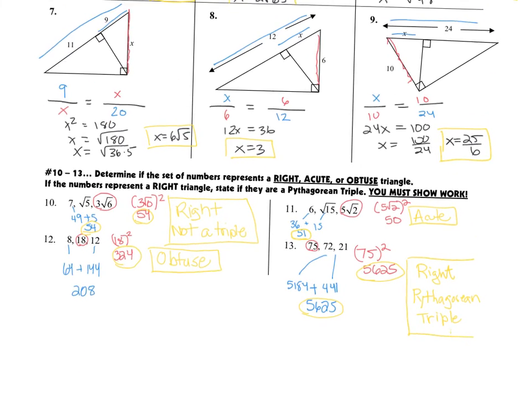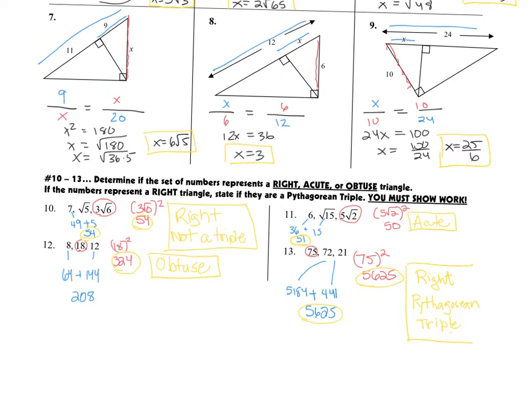In the next set of problems here, we're looking to determine, is this right, acute, or obtuse? And then if it is a right triangle, is it a Pythagorean triple? Okay, so what I did in all these problems is that in red, I circled the largest side, which would be the hypotenuse, and then I squared it, and then the other two remaining sides, I squared those and added them together.